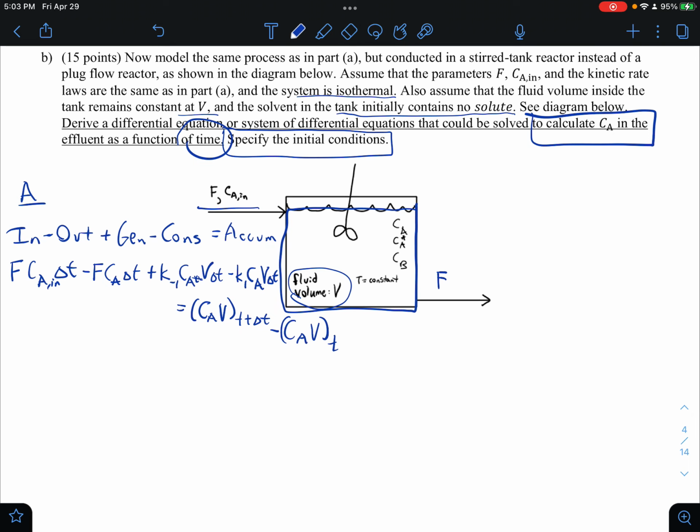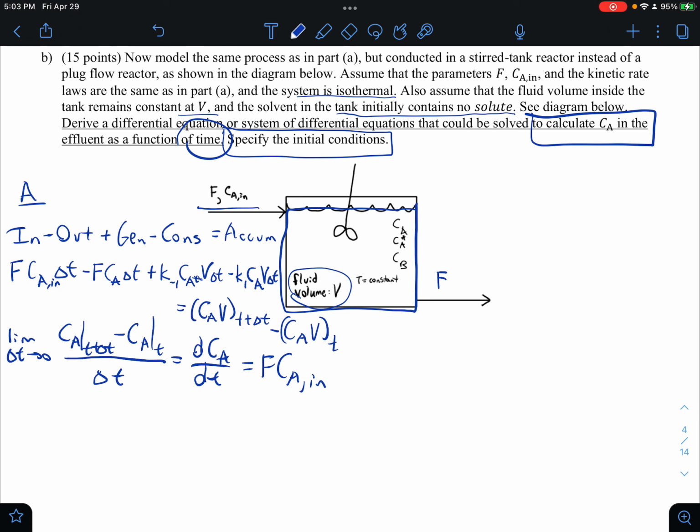I'm also going to divide by V. So the limit as delta T goes to 0 of CA at T plus delta T minus CA at T divided by delta T is going to be dCA dt, and that's going to equal F CA in minus F CA over V plus K negative 1 CA star minus K1 CA.